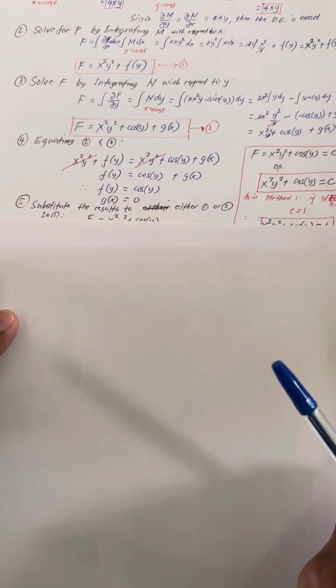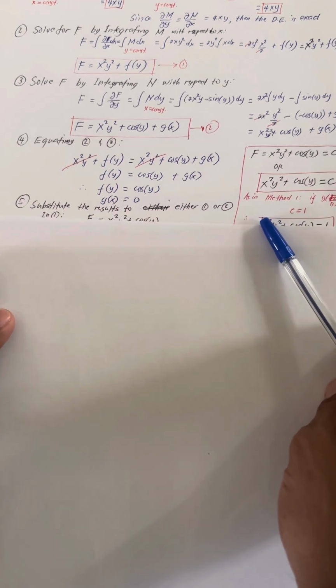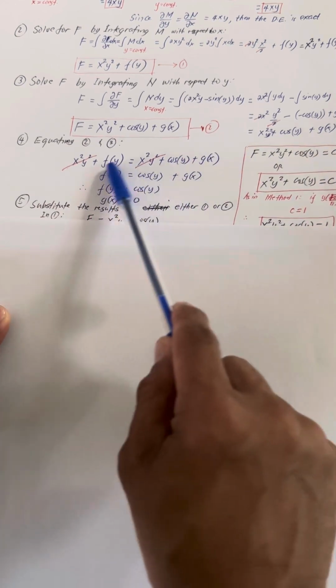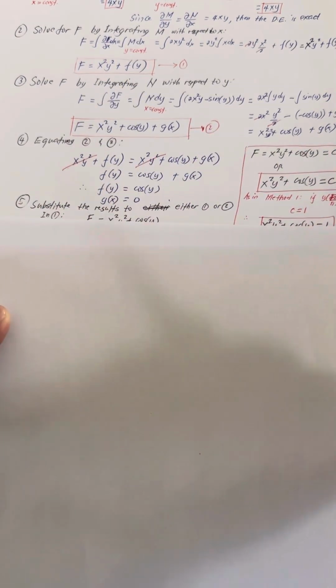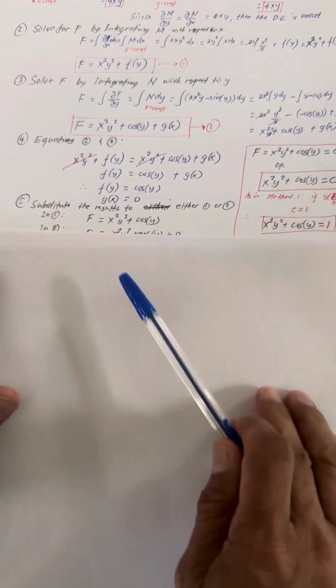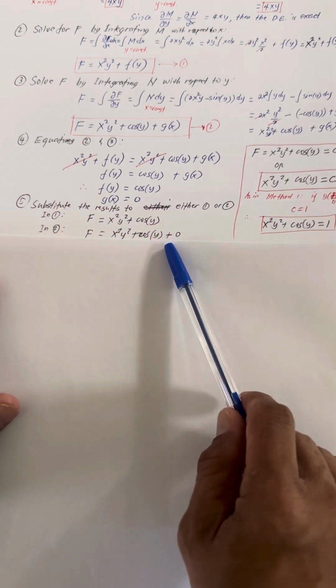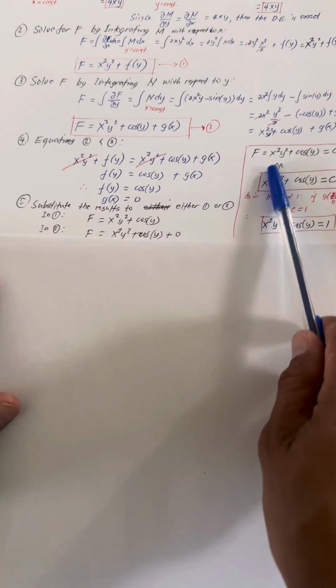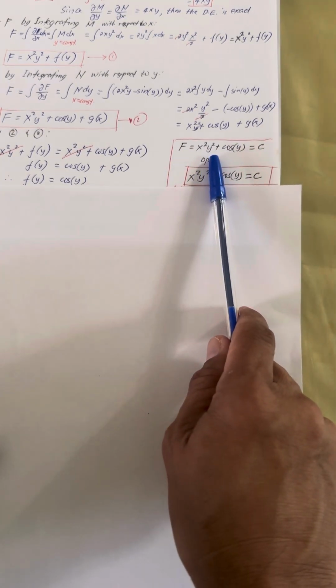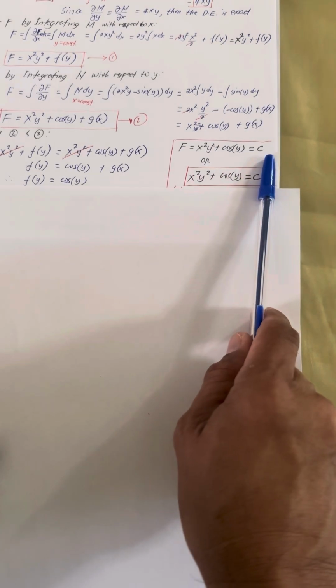So the next step is to substitute the result to either 1 or 2. Okay, this is our equation 1, this is our equation 2. So substitute this information to either of these two equations. Okay, after you substitute, so we got this. If you substitute in 1, so we got this. If you substitute in 2, you got this. Okay, so let's continue it here. So here we have f equal to x squared y squared plus cosine y equal to c.